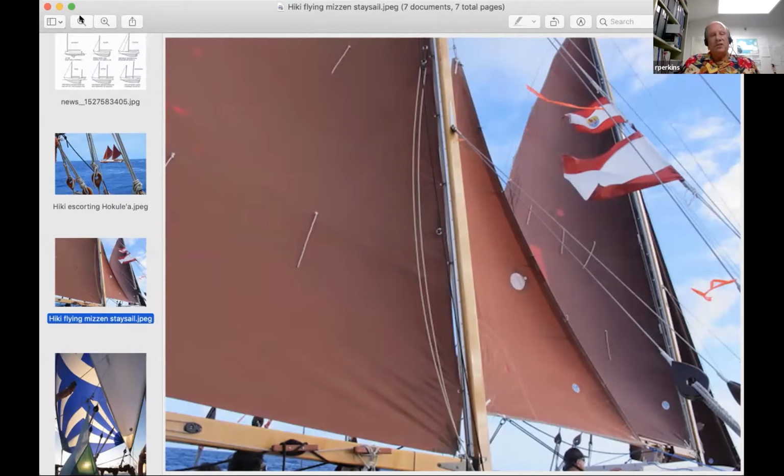And then in this picture, I think we're only flying one jib, but we did some changes in the last dry dock. We've opened up the slot between the two stays that we hank on our jibs, so it'll be quite a bit easier to fly two jibs.